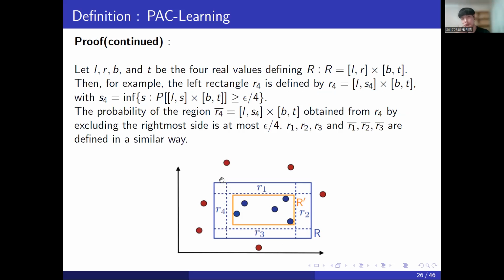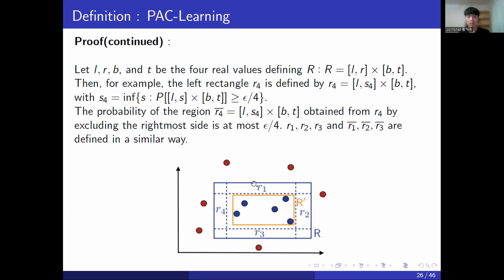Now let's see this more mathematically rigorously. The previous slide was just an explanation. Let l, r, b, and t be real values defining R equals [l, r] times [b, t].